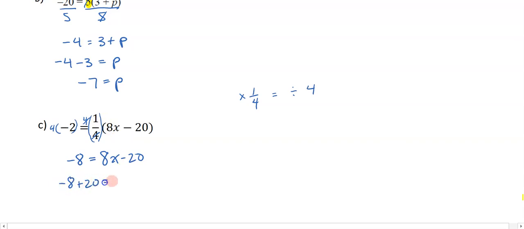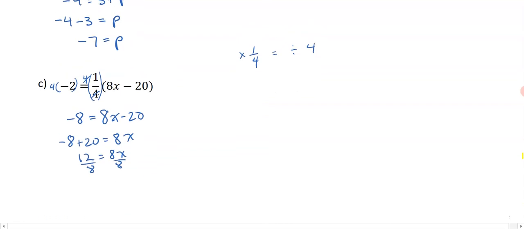It becomes positive 20. Collect like terms, divide both sides by 8, and oh, I get a fraction answer, which is fine because not all answers are integers. And so I'm going to get divide by 4, or in other words, it's the same as 1.5, right?